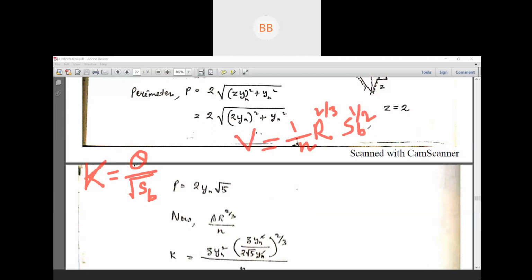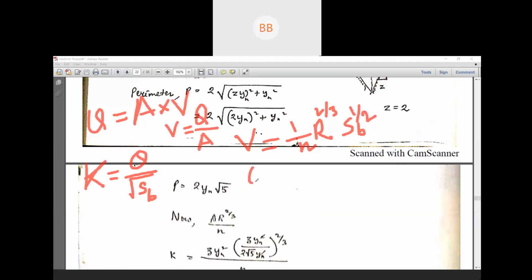We know discharge equals area into velocity, so in place of velocity we can write Q by A, that is discharge by area.